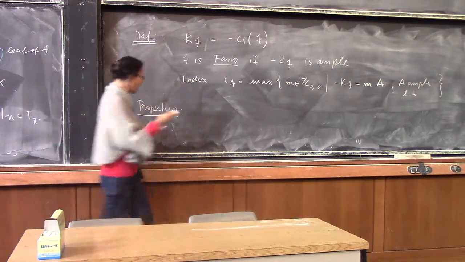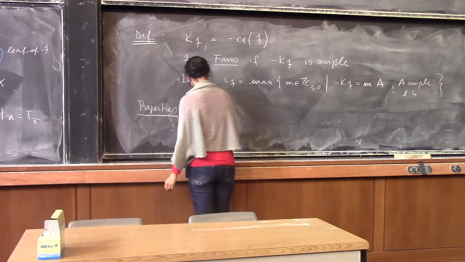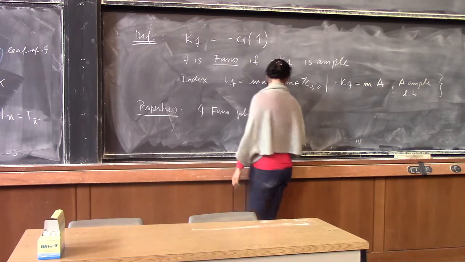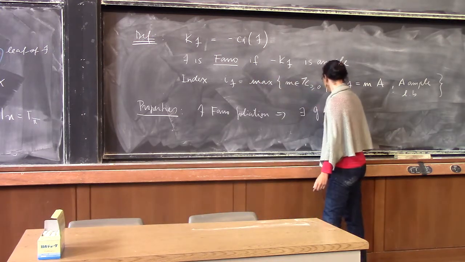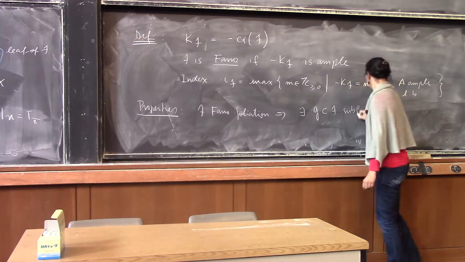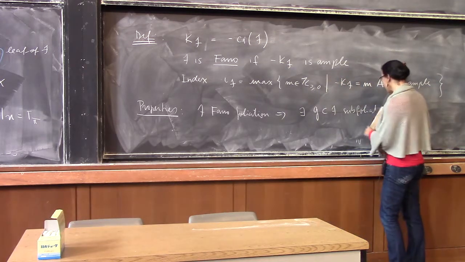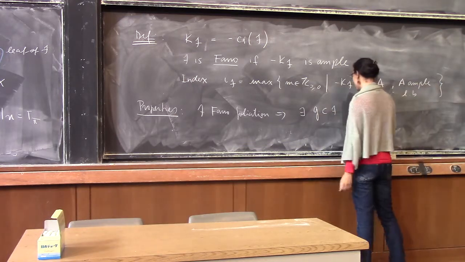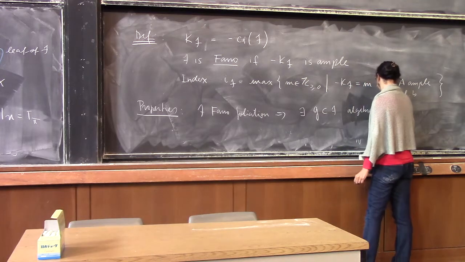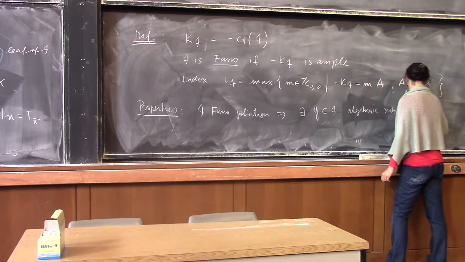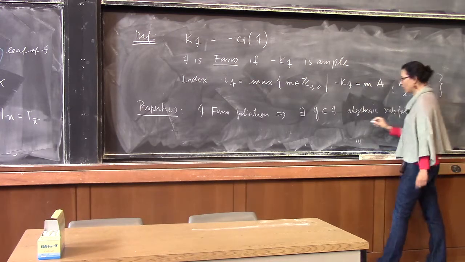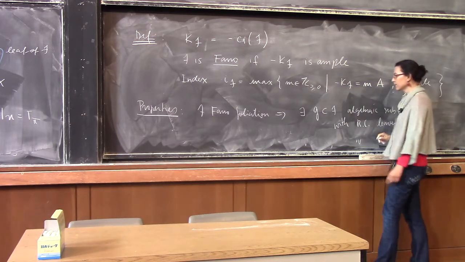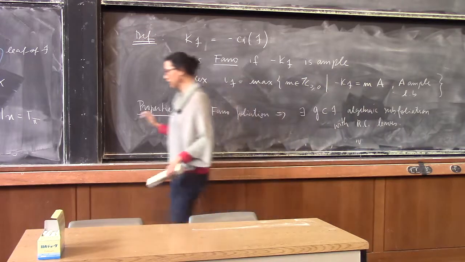If F is a Fano foliation, there exists some algebraic subfoliation G with rationally connected leaves. So I will discuss this later on.